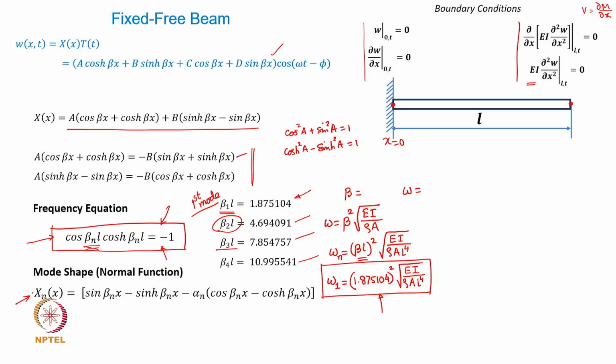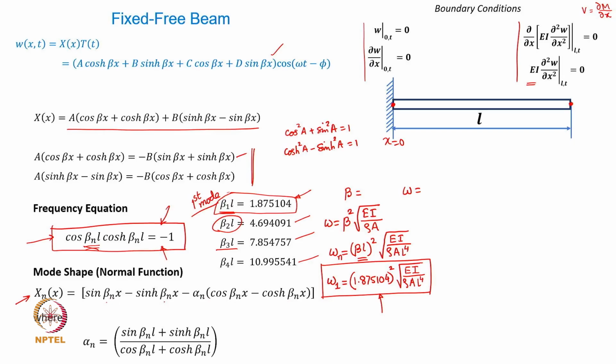The nth mode shape X_n(x) will be given by this, where you will substitute for beta n based on whether you want to take the mode shape for the first mode, then beta n will be beta 1, and then appropriately that value has to be substituted for all these beta n in this expression.